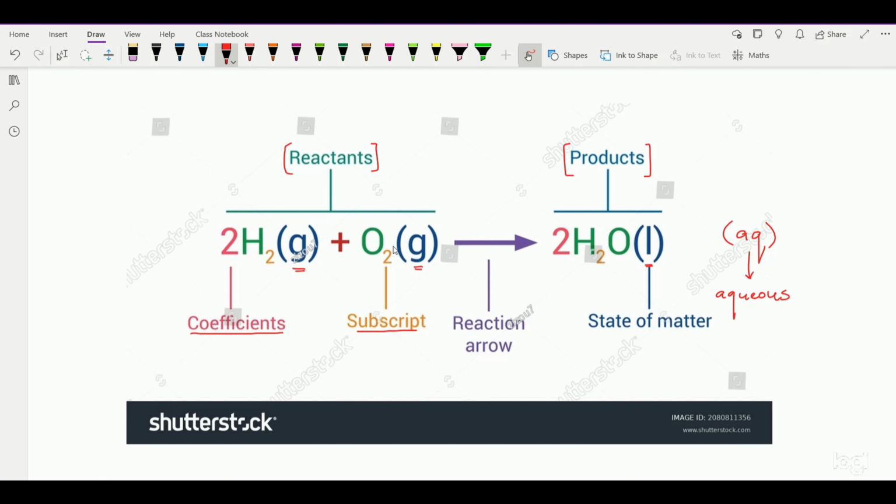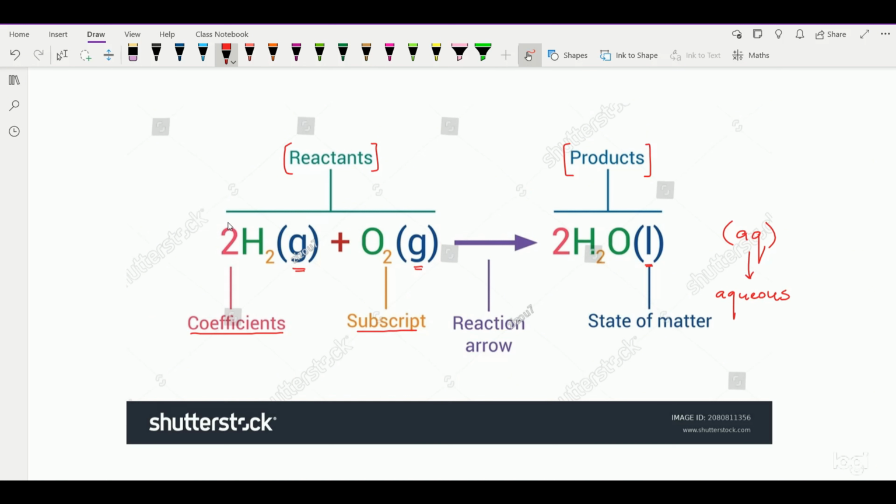If we look at oxygen here, it is given by the chemical formula O2, which means that there are two oxygen atoms within an oxygen molecule. The same happens for hydrogen. Hydrogen is given by the formula H2, so two atoms form a molecule of hydrogen.